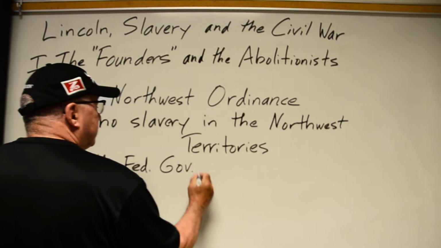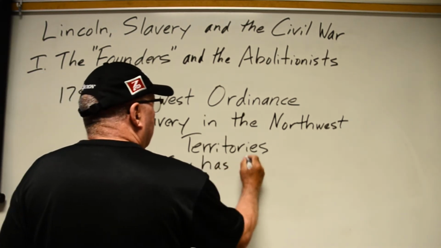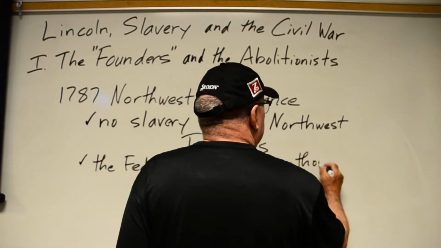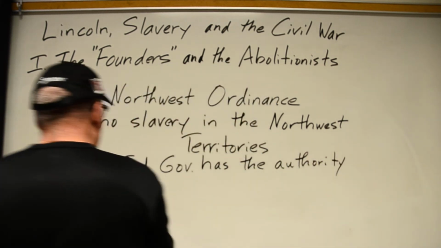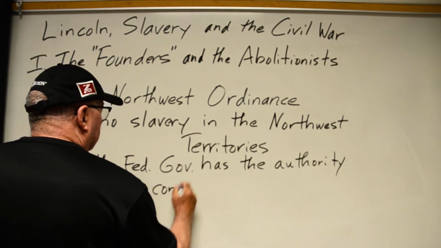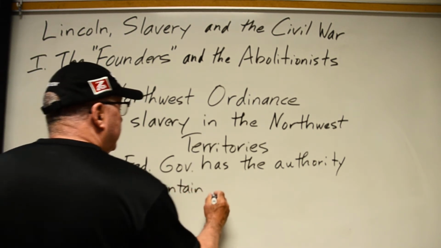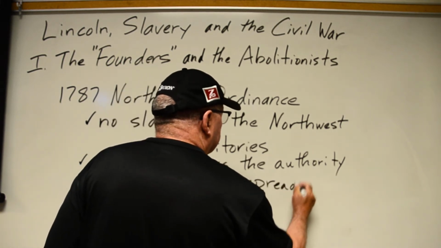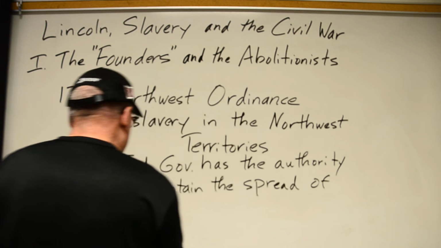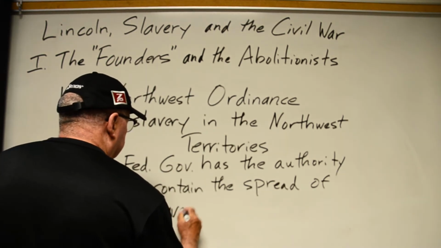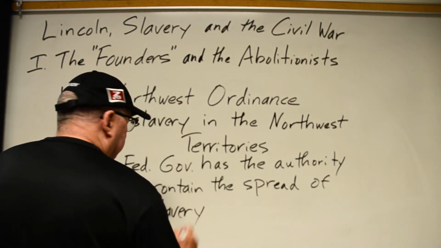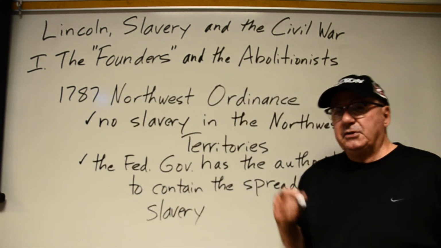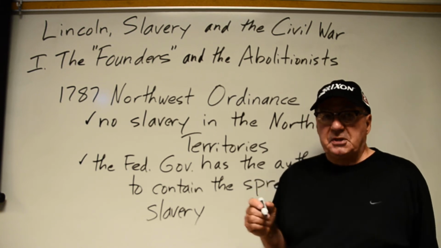The federal government has the authority to contain the spread of slavery, because they just did it. And by doing that, they established a precedent.